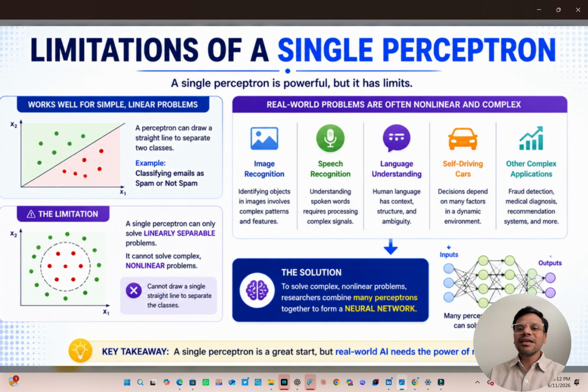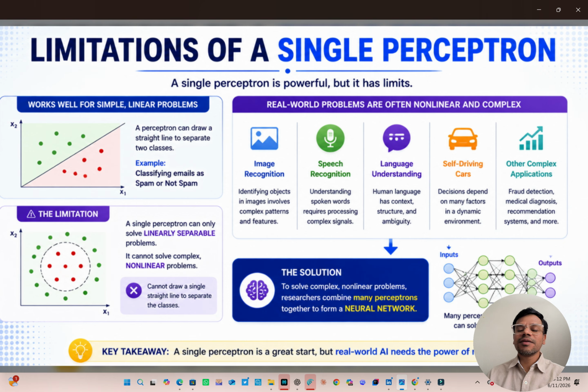However, many real world problems are far more complex: image recognition systems, speech recognition systems, language understanding, self-driving vehicles, medical diagnosis, or fraud detection services. These problems are often non-linear, right? A single perceptron cannot solve these complex, non-linear patterns, right?